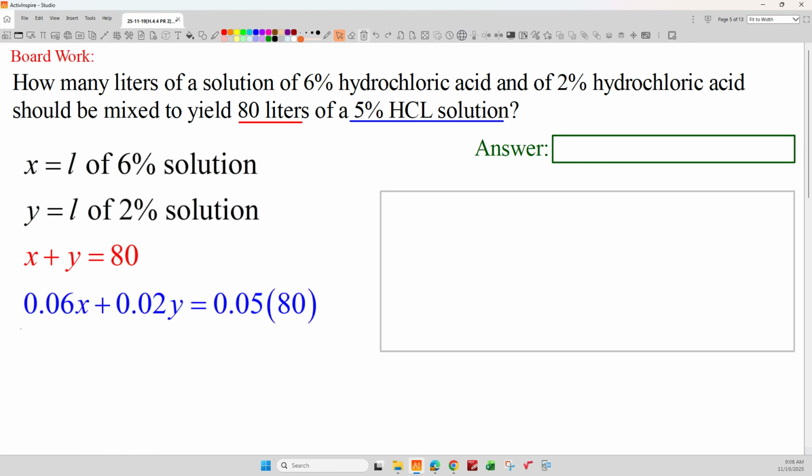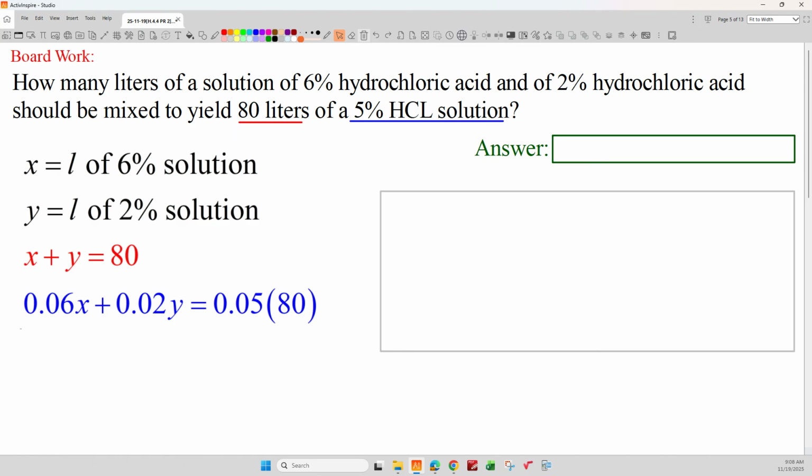Okay, yeah, and explain that. What does, for example, what does 0.05 times 80 mean? So, okay, so 5% of that 80 liters is what? Okay, it's pure acid, right? And then it's diluted to a 5% solution.